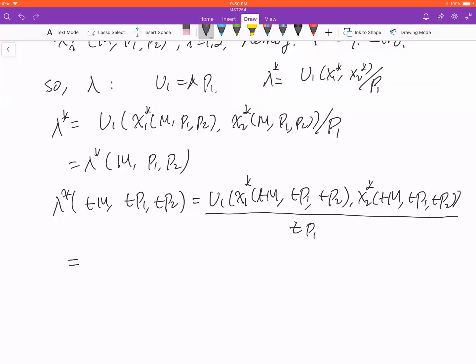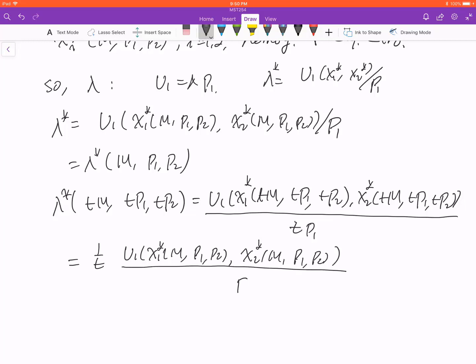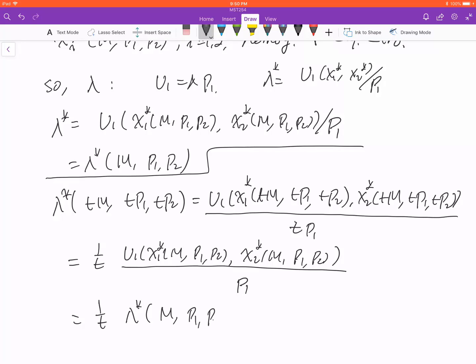So this is really equal to 1 over t times u1 of x1 star and x2 star at m, p1, p2, divided by p1. And that's exactly the lambda star, if you remember how we defined it over here, at m, p1, and p2.